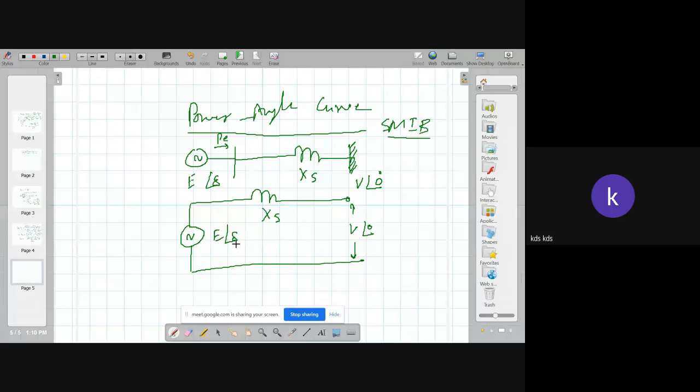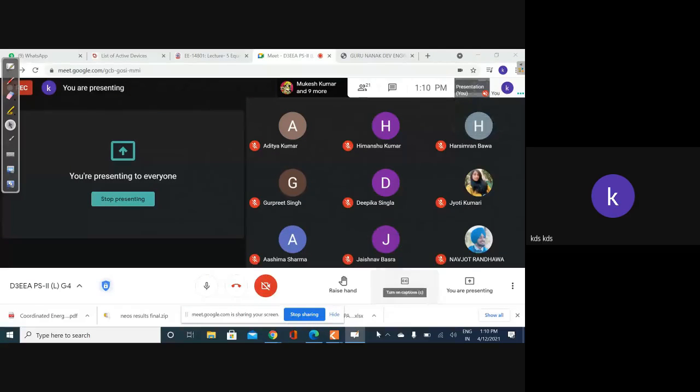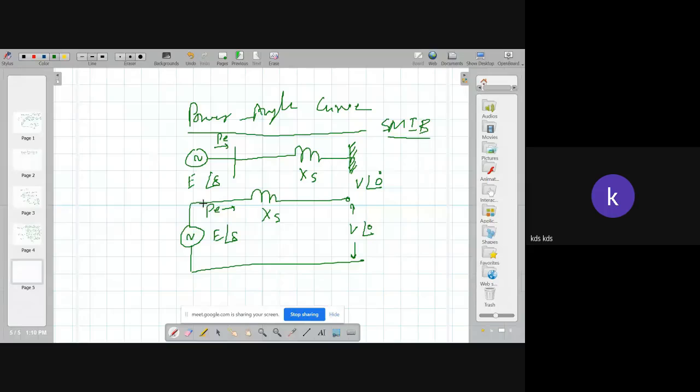So we need to determine what is the electrical power which is being transferred. The actual or real value of the electrical power being transferred from the synchronous generator to the infinite bus. So we make use of the formula of complex power.